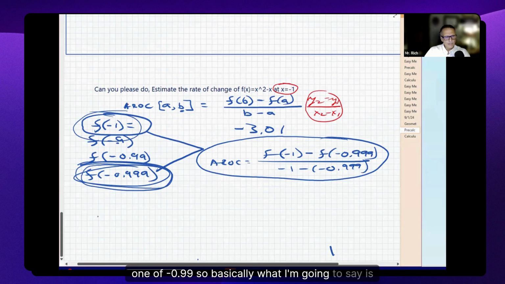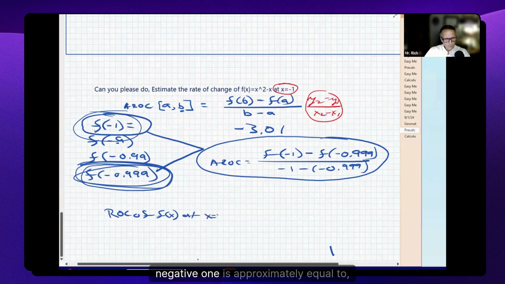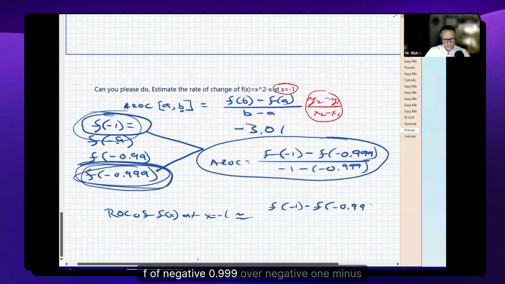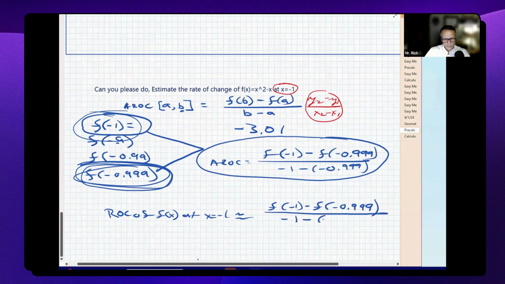So basically what I'm going to say is this: the rate of change of my f of x at x equals -1 is approximately equal to f of -1 minus f of -0.999 over -1 minus -0.999.